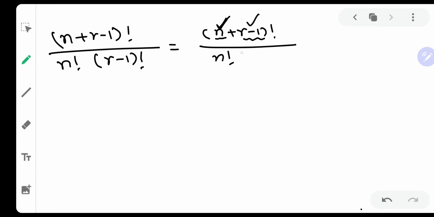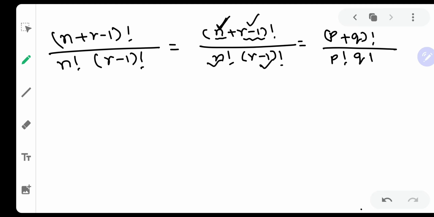So if you call this P and this Q, this will be P plus Q factorial upon P factorial into Q factorial, right? So this can be written as N plus R minus 1 C R minus 1. This is the combination formula.